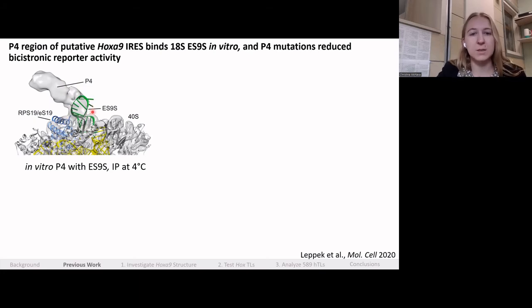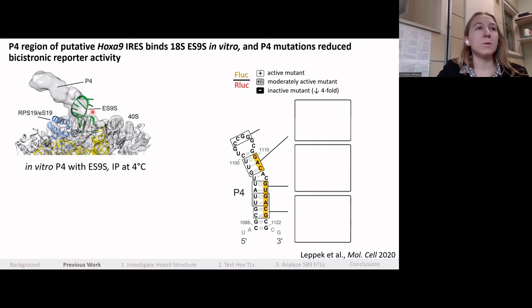So to identify which region of this P4 loop was very important for this interaction, they again used bicistronic reporter assays to delete different regions of the P4 stem loop. And here, anything with a plus means that there was significant F-Luc activity, and if there was a minus, that means they saw a significant reduction in F-Luc activity.